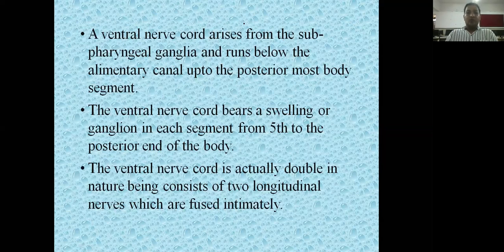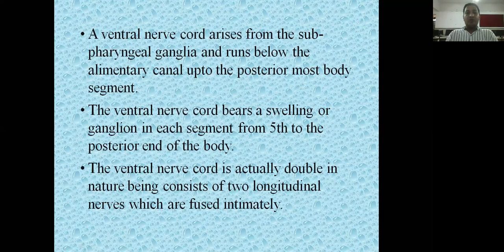The ventral nerve cord bears a swelling, or ganglion, in each segment from the fifth segment to the posterior end of the body.